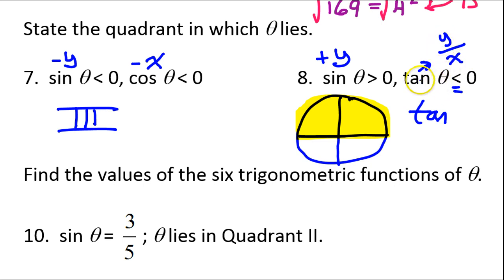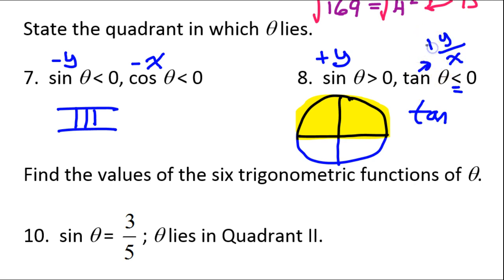Well, the only way the tangent is going to be negative is if the x value and y value have different signs. Because if they're both positive, tangent will be positive. If they're both negative, tangent will also be positive, right? Because a negative divided by a negative is a positive.